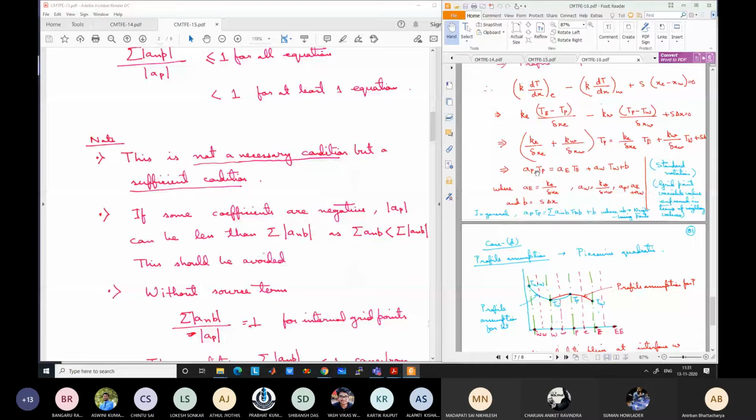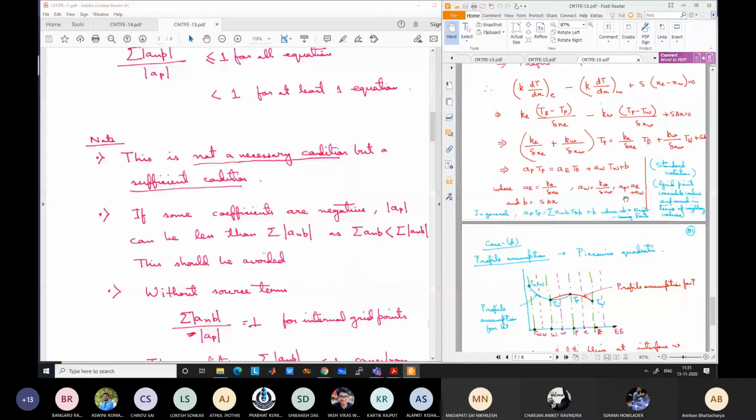AP is equal to the summation of the other neighboring coefficients: AP is equal to AE plus AW, plus AN plus AS if it is a 2D problem. Like this form.